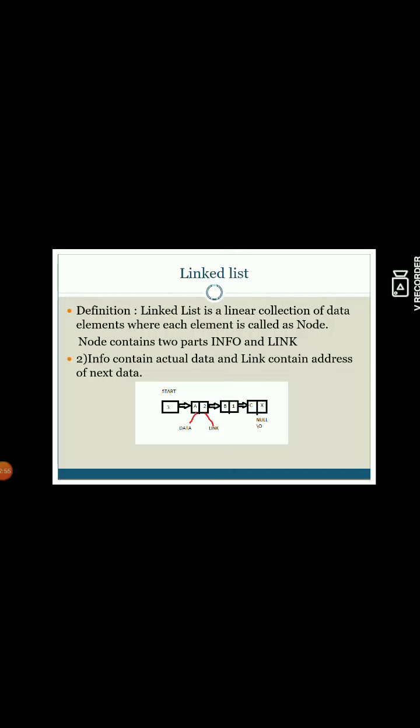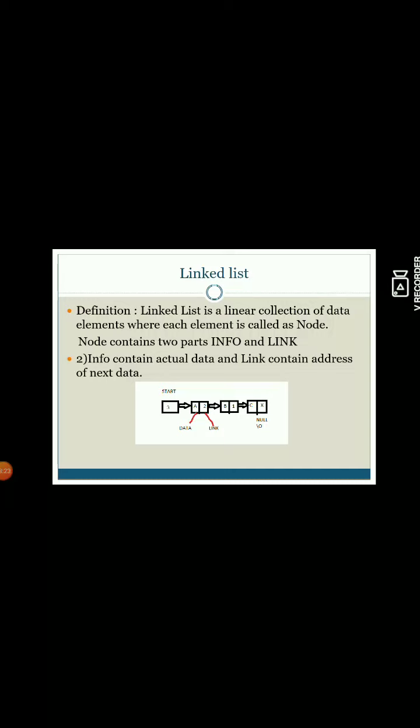So if I am talking about the linked list, you should keep in mind that a linked list is a linear collection of data where each data is called a node. Node contains two parts, info and link. Info is nothing but the value of the actual data.